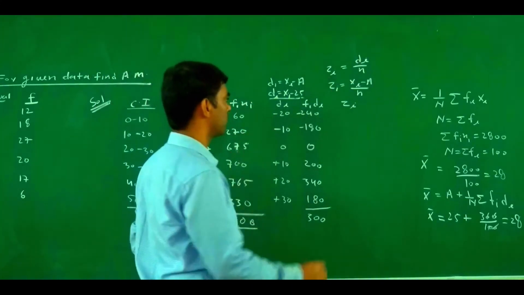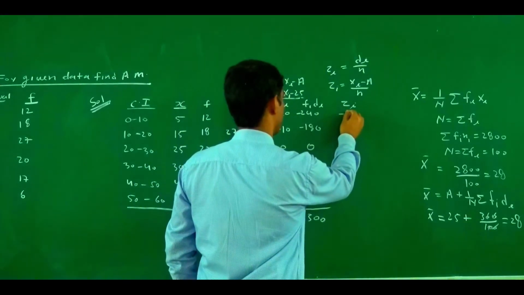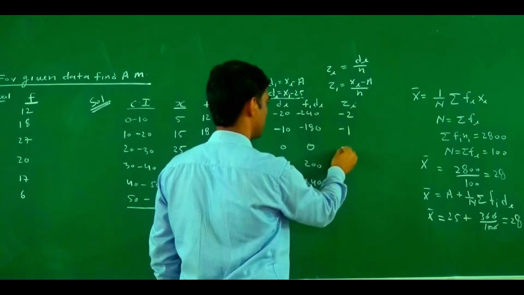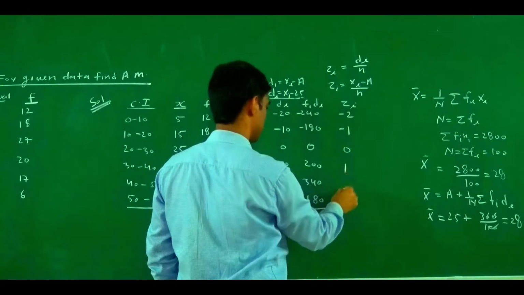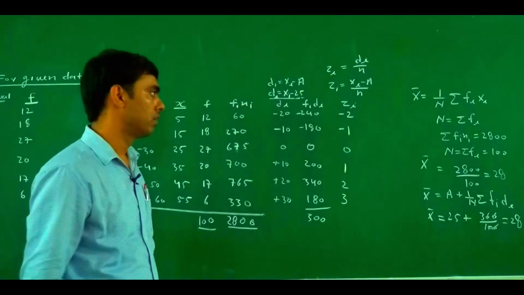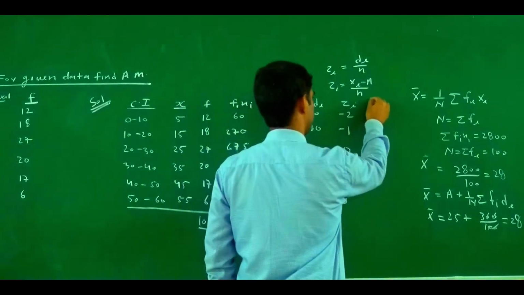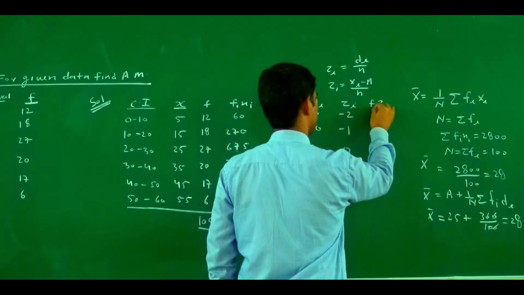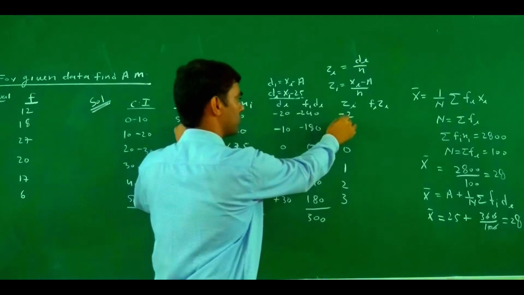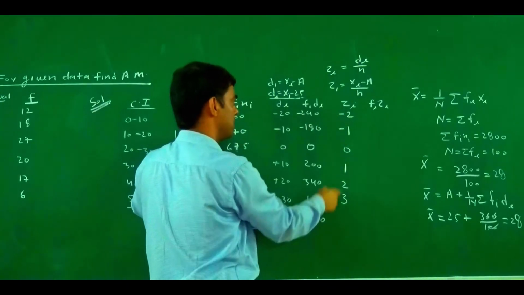So what is the value for this one? This becomes minus 2 divided by 10, so this becomes minus 1, this becomes 0, this becomes 1, this becomes 2, this becomes 3. Now, what is the value of fizi? Fizi is now frequency multiplied by this one. Now the calculation becomes very easy.